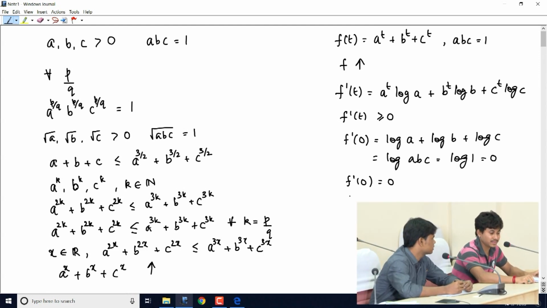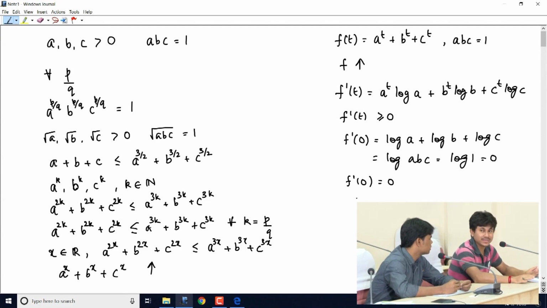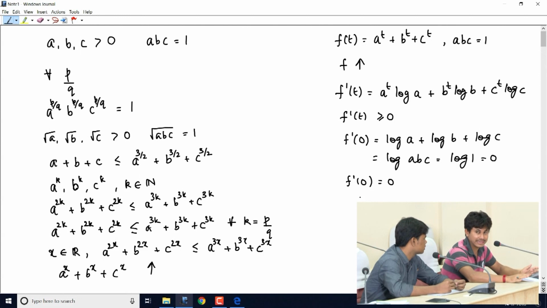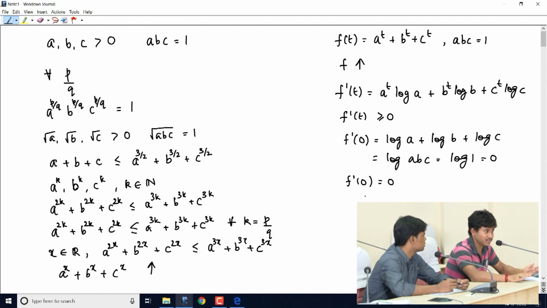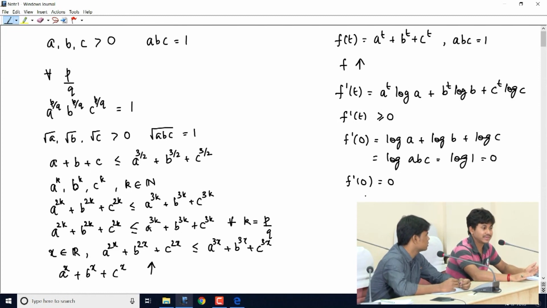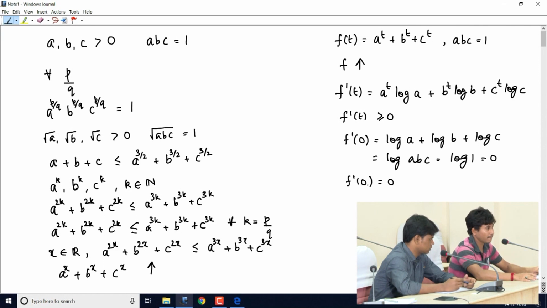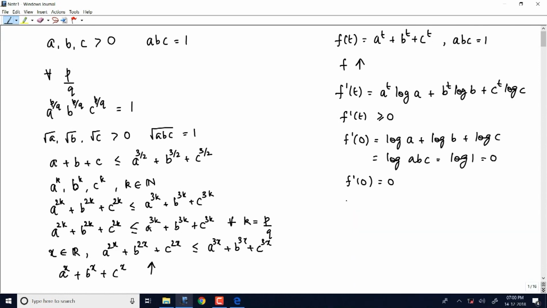This is correct, Tapas. If log A, log B and log C are squares of real numbers, in that case a power t log A plus b power t log B plus c power t log C is certainly non-negative. Yes, Santi.